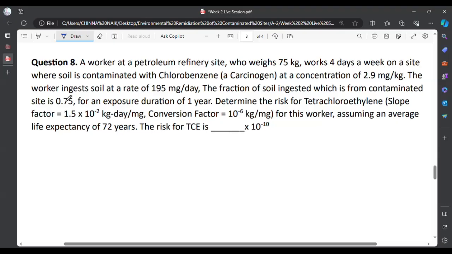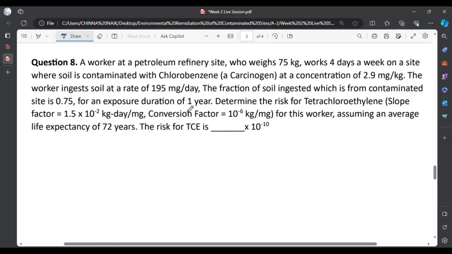The worker ingests soil at a rate of 195 milligram per day, and the fraction of soil ingested from the contaminated site is 0.75, for an exposure duration of 1 year. Determine the risk for tetrachloroethylene.